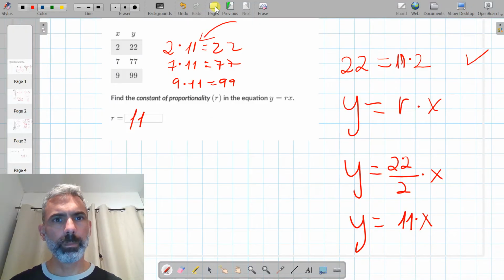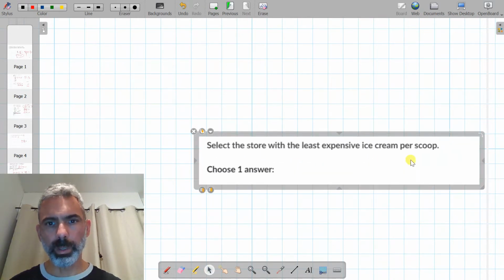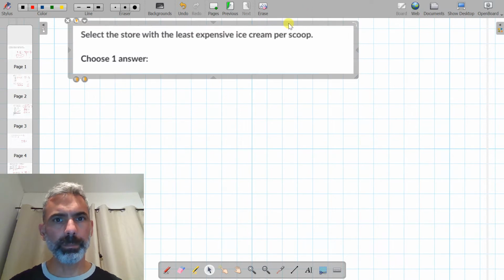Okay, select the store with the least expensive ice cream per scoop.